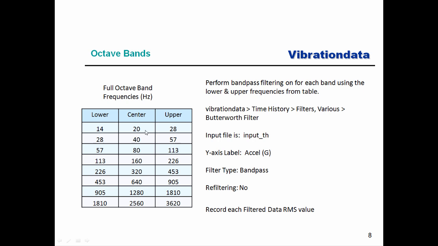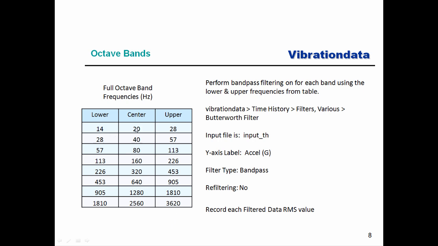Let's just take the center frequencies here. This is the band center frequency for the band at 20 hertz. And then we go up in steps of 2. So multiply by 2 to get 40, multiply by 2 again to get 80, and so on. These are called 1 octave steps. And likewise, the lower frequencies and upper frequencies at least approximately follow that same pattern as well.